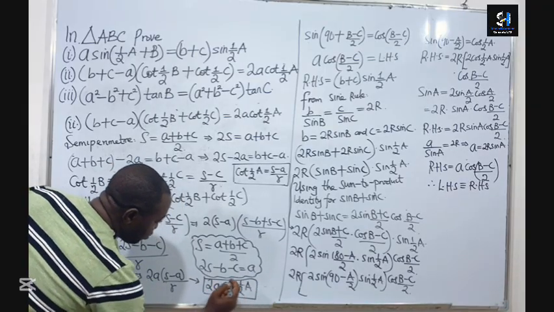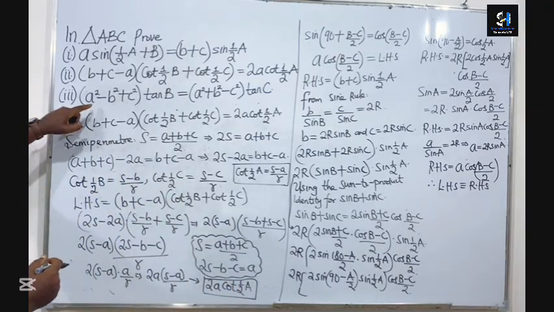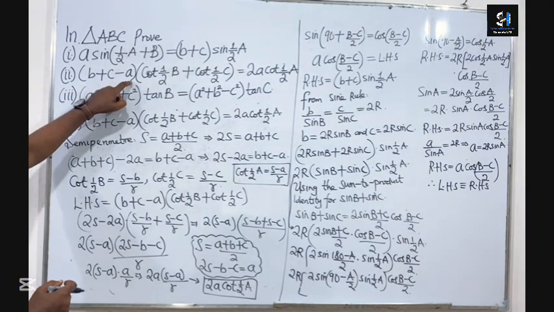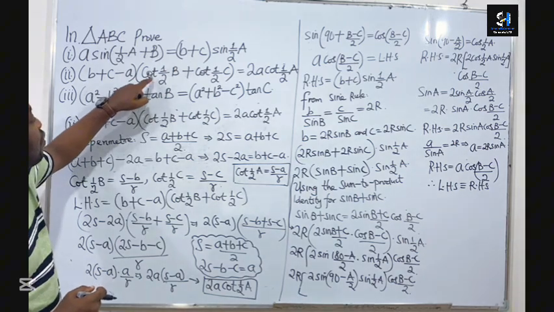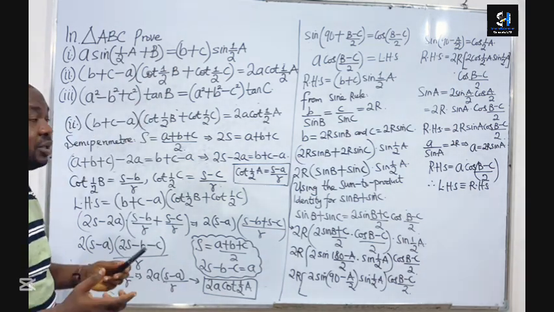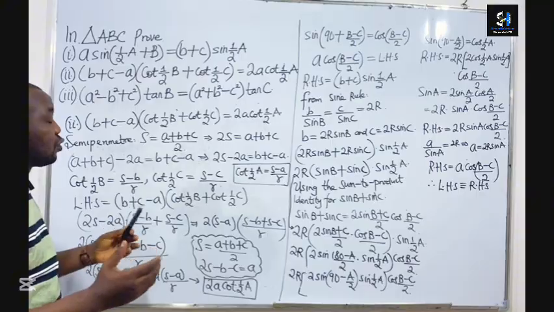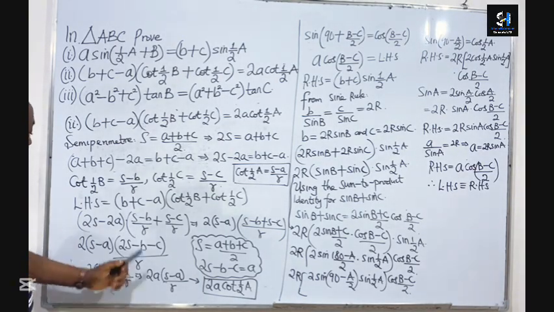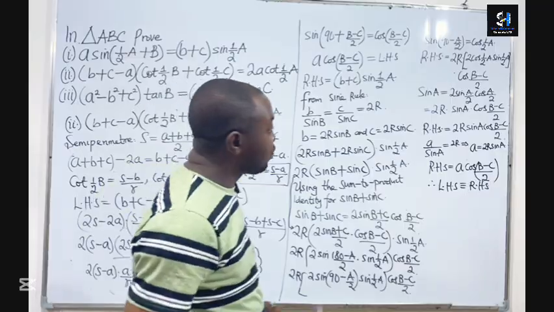This is what we're trying to prove. So the product of side B plus C minus A and the sum of Cot B over 2 and Cot C over 2 will be 2A Cot A over 2. And that's the second question.